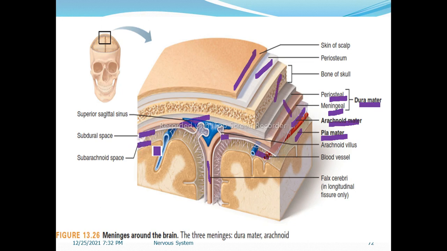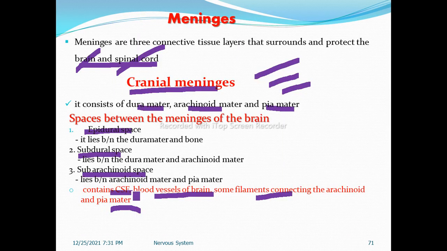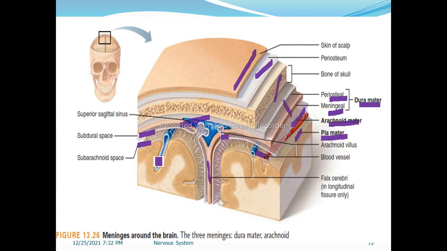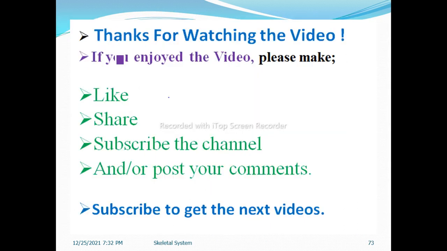This is the subarachnoid space, which is found on the pia mater. In the subarachnoid space there is cerebrospinal fluid.